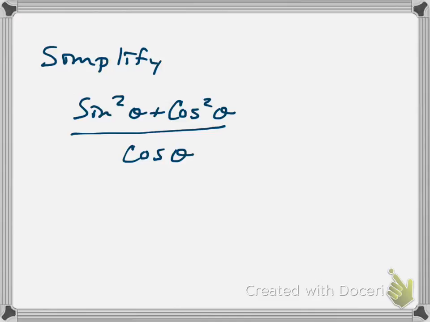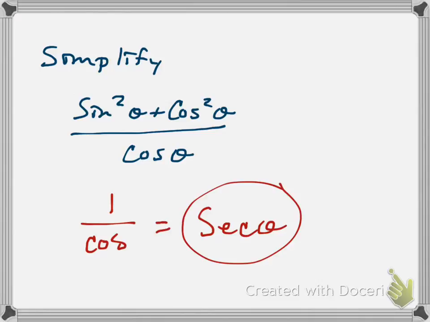Sine squared plus cosine squared is equal to 1, according to the trig identity. So the top of the fraction is equal to 1. And the bottom we're just going to keep as cosine. And that is equal to secant.